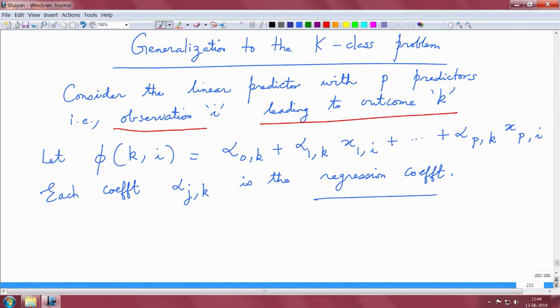I can have K classes, small k can go from 1 to capital K. It is a K class problem. So I make an observation, does it belong to these classes. Now let us see how we can generalize this approach to this K class problem.